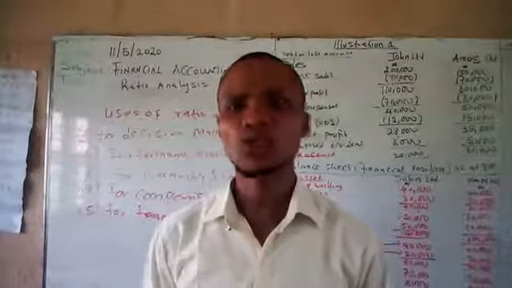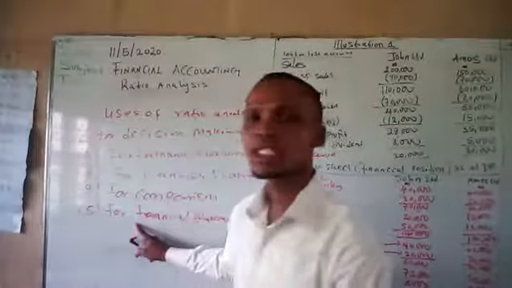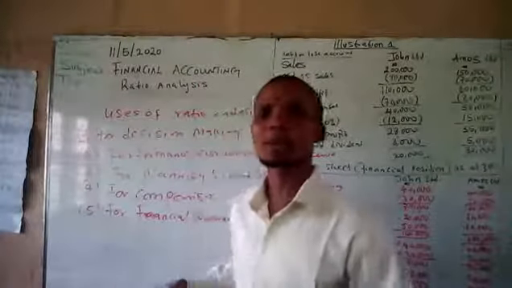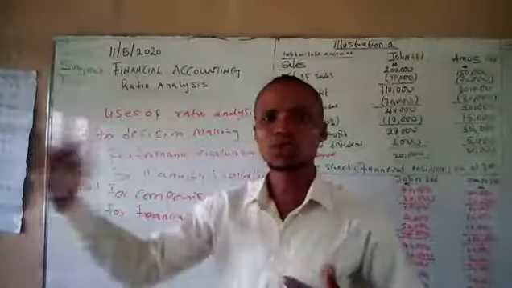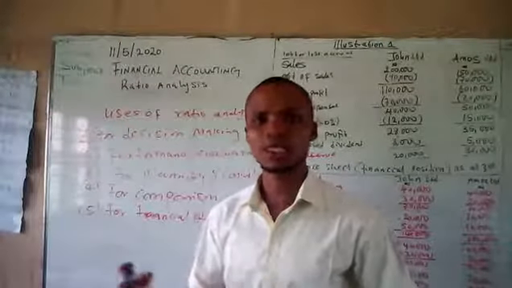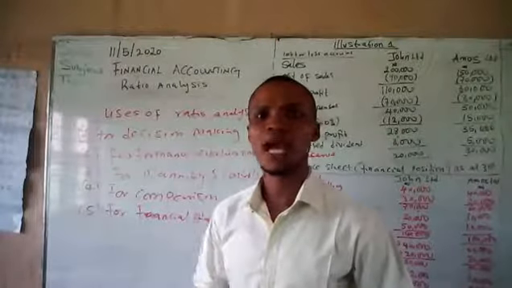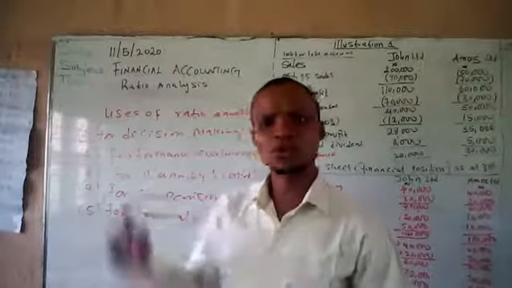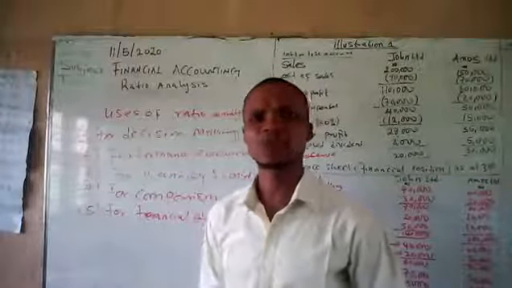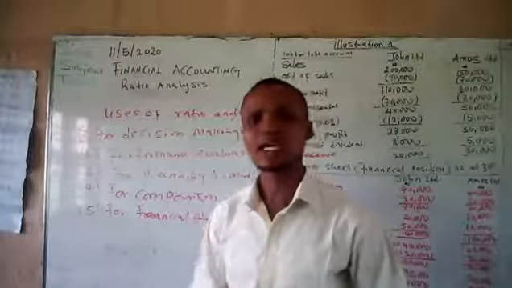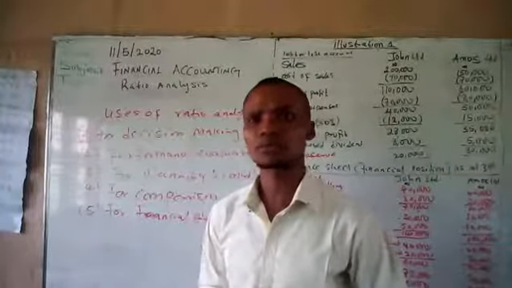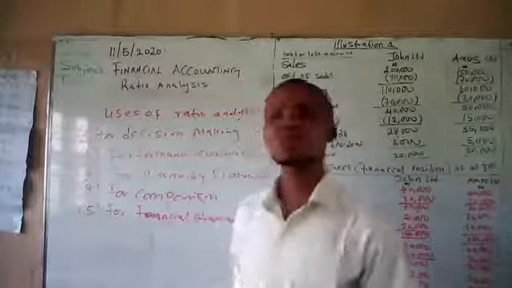It also enables us to compare. Ratio analysis helps us to compare the performance of one organization with another in order to know which organization performs excellently, and the factor that contributed to such excellent performance. Ratio analysis will provide answers to such questions. It is also used for financial interpretation.